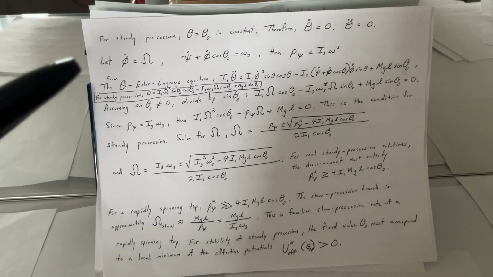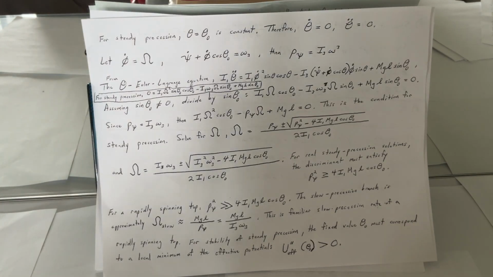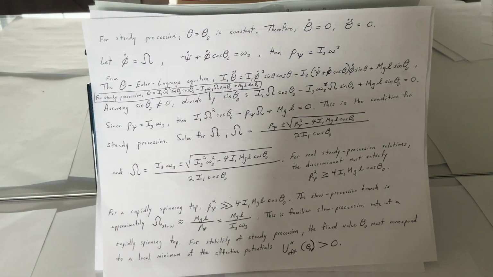So from the theta Euler-Lagrange equation, I sub 1 theta double dot equals I sub 1 phi dot squared sine theta cosine theta minus I sub 3 times the quantity psi dot plus phi dot cosine theta, close parentheses, times phi dot sine theta, plus mgl sine theta naught.